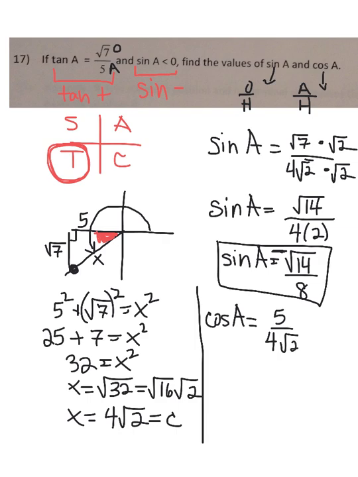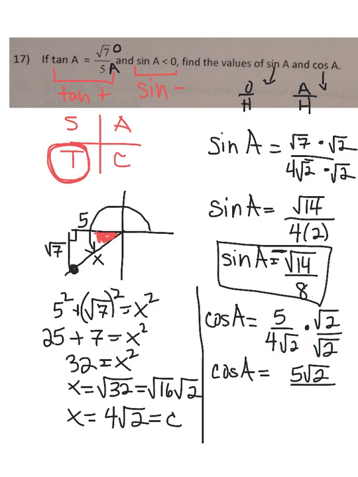I can't have a radical in the denominator, so I'm going to rationalize by multiplying the numerator and the denominator by that radical I'm trying to get rid of. So that's going to give me cosine of A equals 5 radical 2. Okay, I'm going to combine steps here. So I know radical 2 times radical 2 is just a 2, right?